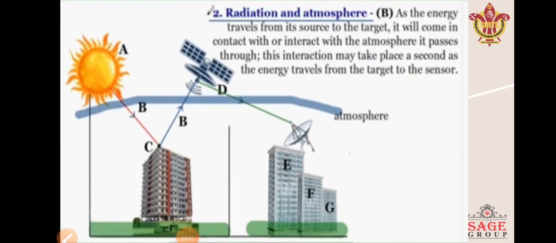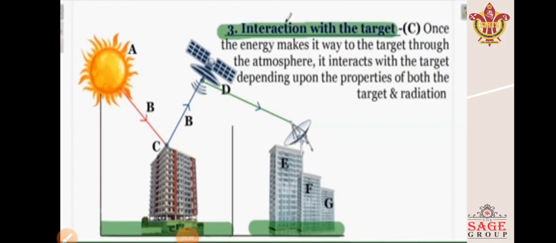Next step, interaction with the target. This building is our interaction with the target, that is C. Once the energy makes its way to the target through the atmosphere, it interacts with the target depending upon the properties of both target and radiation.